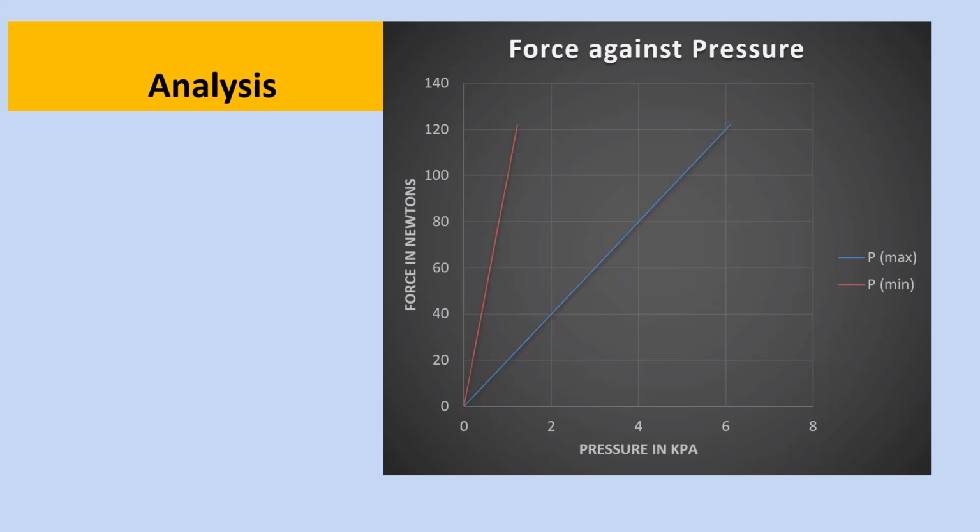So for instance, from this graph, if we are given a force of 40 newtons, then we ask the minimum pressure and the maximum pressure that the body can produce. Then we are supposed to just come here, at 40 newtons.